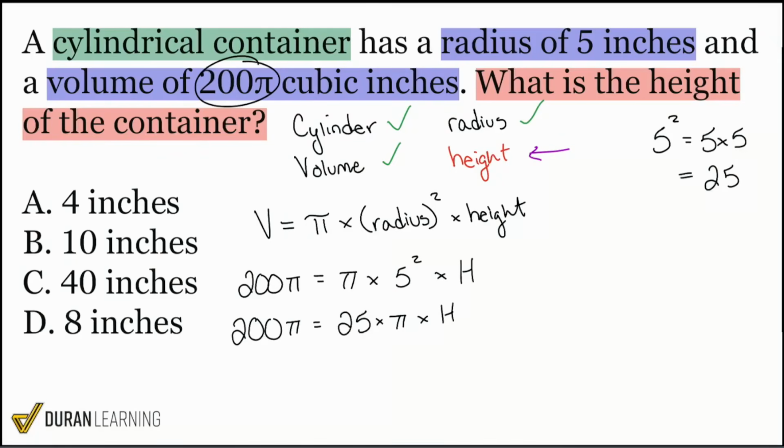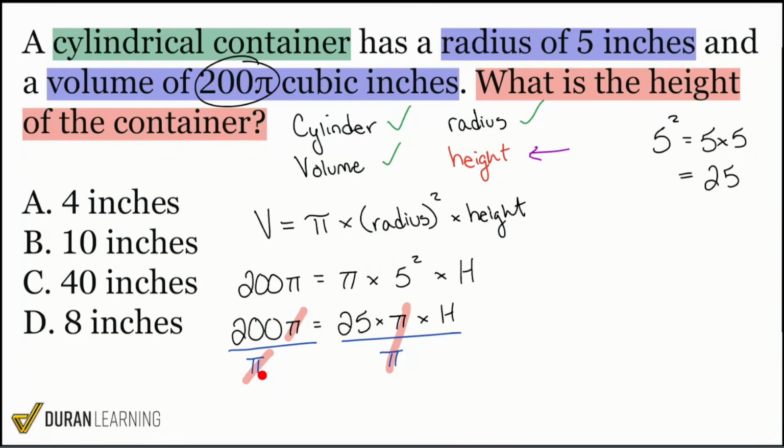Everyone, we can divide both sides by the 25 and by the pi. We can do it at the same time, but I'll just go ahead and do it one step at a time. So I'll begin by dividing both sides by pi. And what you're going to notice is that it actually cancels out on both sides. So remember, everyone, when you divide a value by itself, so 5 divided by 5, that cancels.